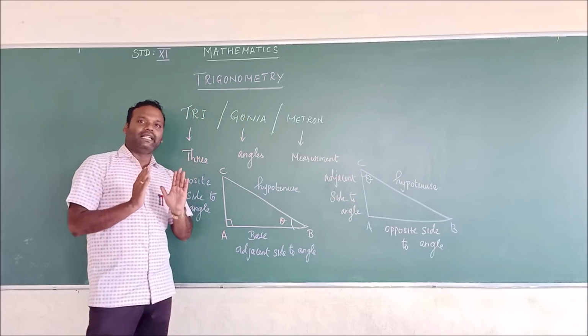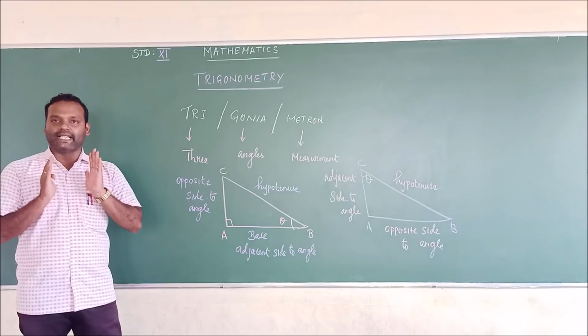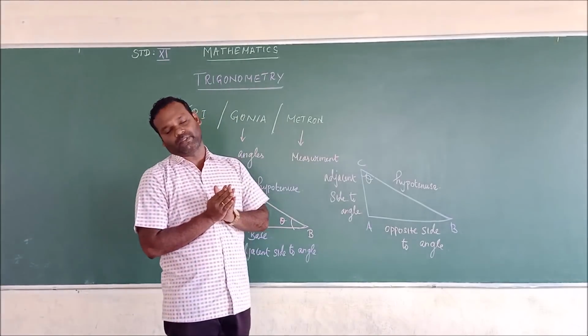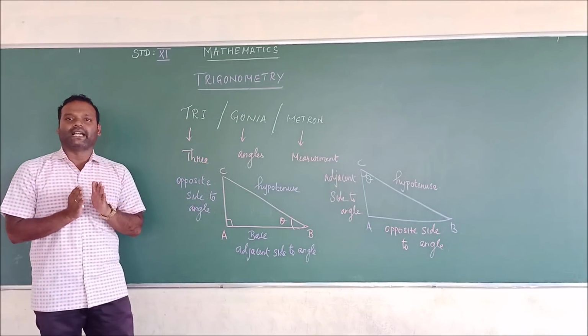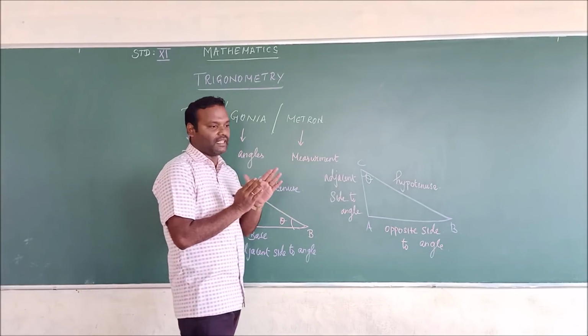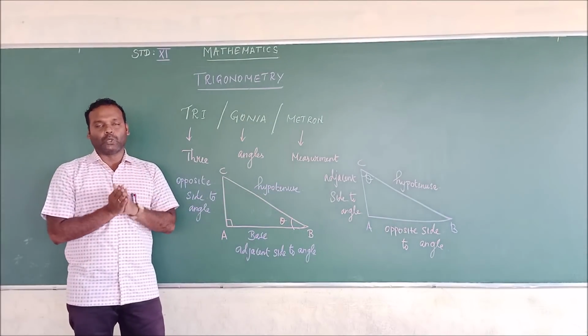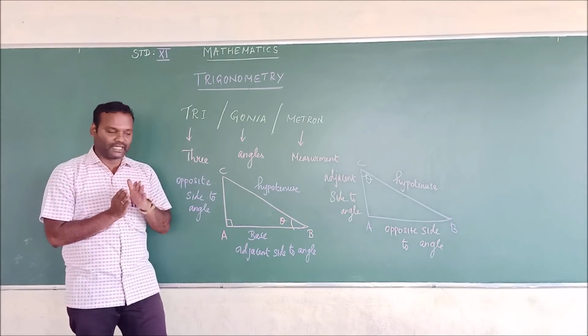The three sides and the three angles correspond to 6 trigonometric ratios. Those trigonometric ratios are known as trigonometric functions.